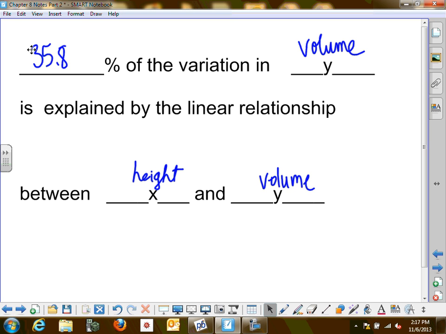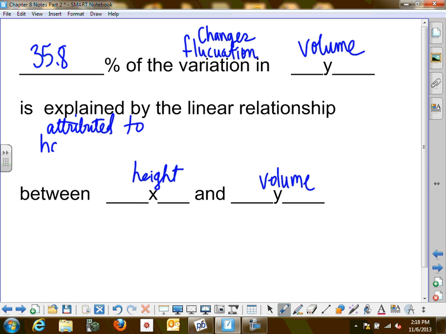There are some other words you could interchange in here. Maybe it would make more sense to you if you talked about the fluctuation in volume, or the changes that are happening in volume from one tree to the next. The different values of volume are explained by, or maybe you like to say attributed to, or maybe you want to say happening because of.